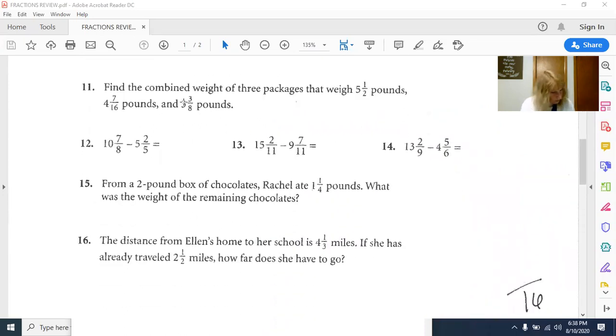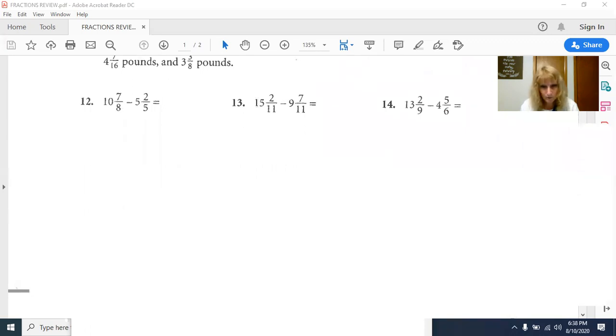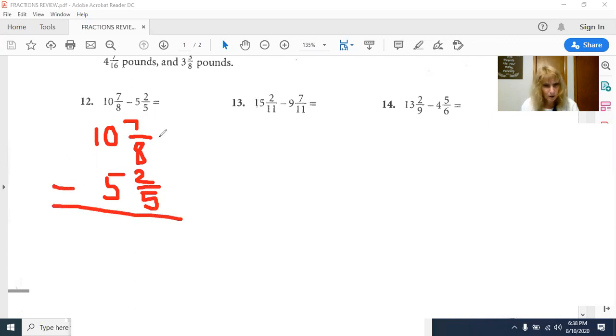12, 13, and 14 were incorrect. So let's take a look at those. Some white space here. Okay, so number 12. 10 and 7/8 minus 5 and 2/5. So we need a bottom number.